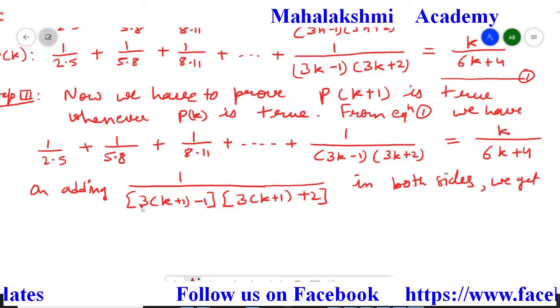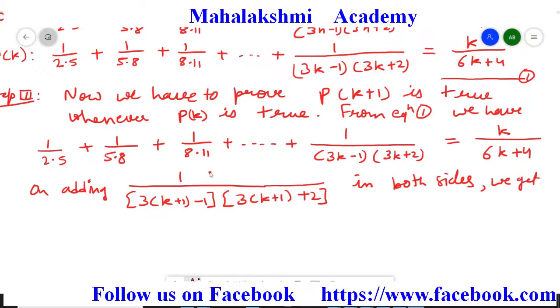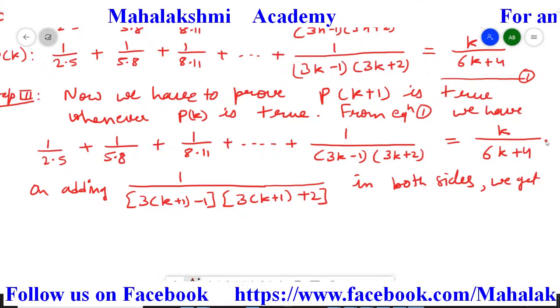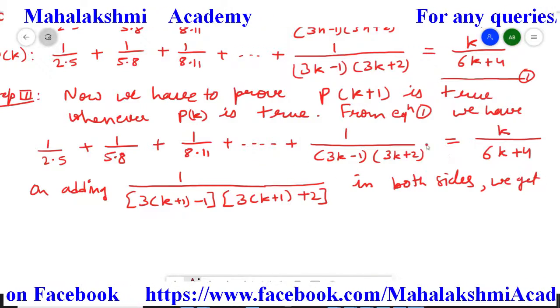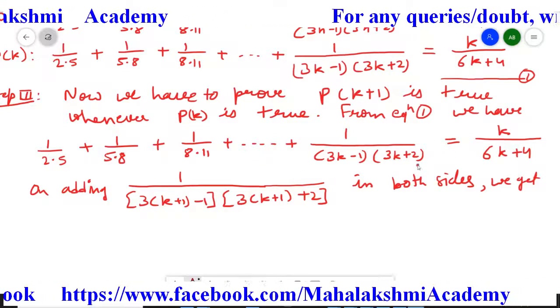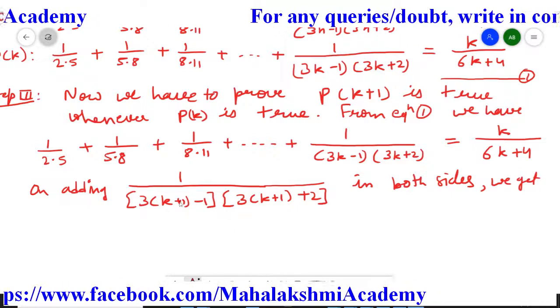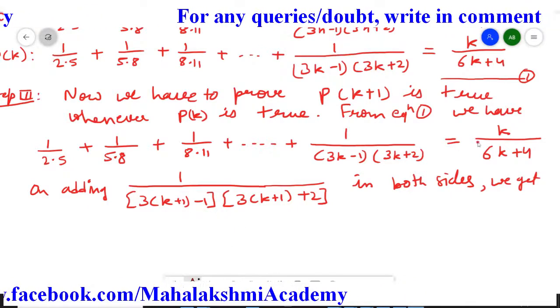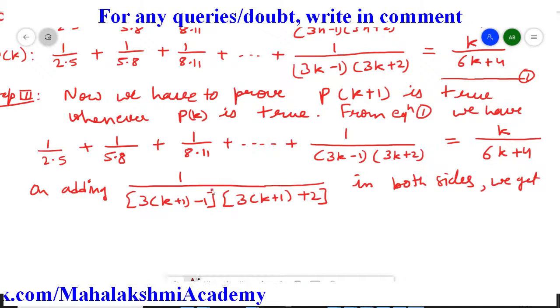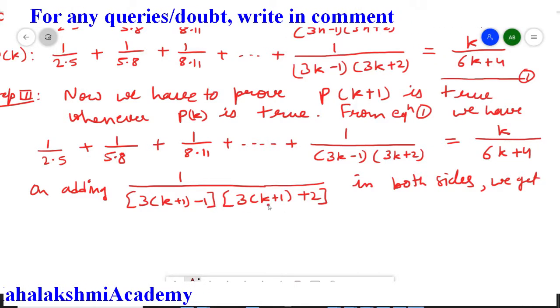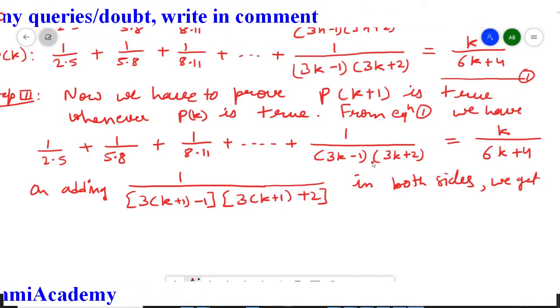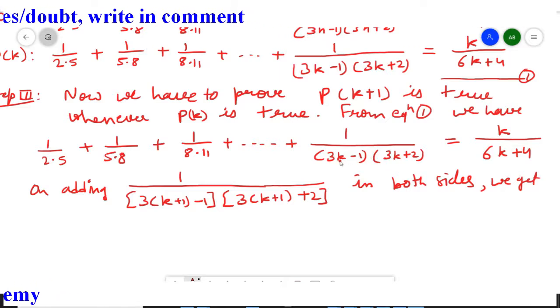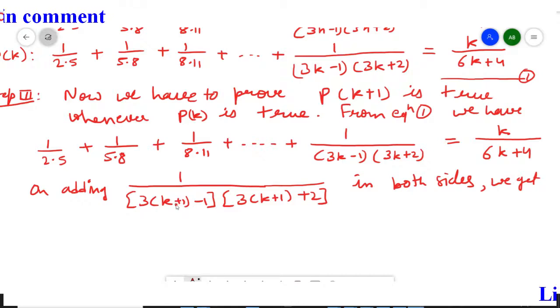So this term we will add in the left side also and in the right side also, so that the equation will be balanced. So in next step I am going to add this term in the left side and right side. I hope it's clear that why I am using this term only, to get one extra term, one more term after this. So it's ending by k, so next term is going to be k plus 1. That's why I wrote here.